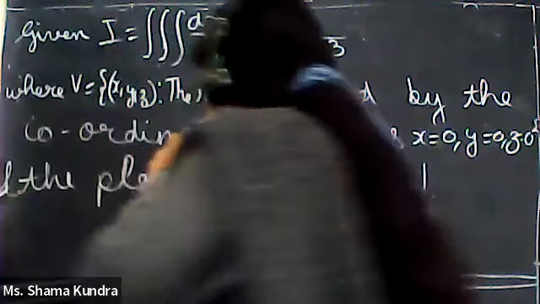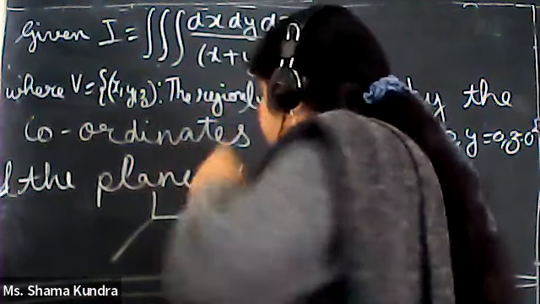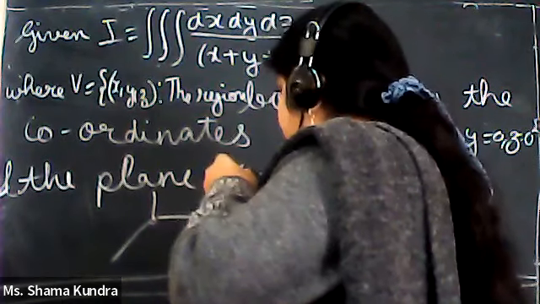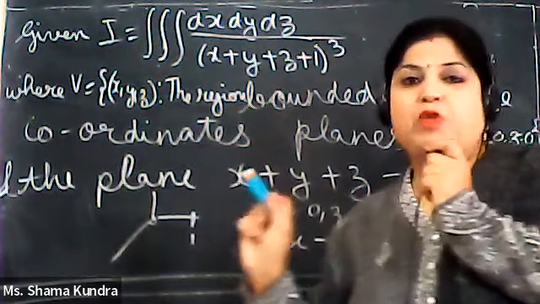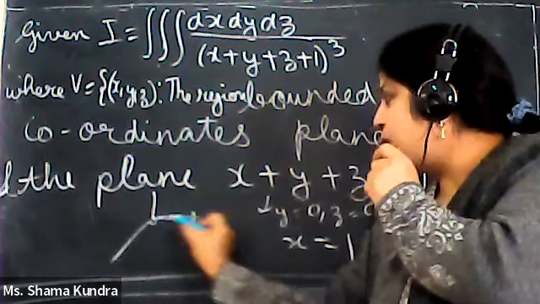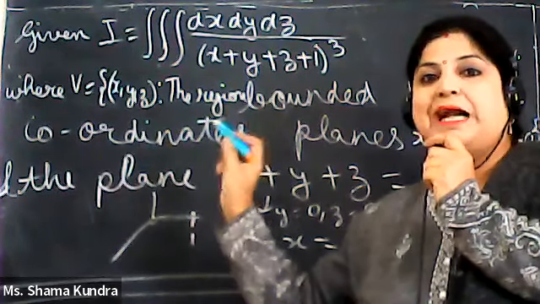If you draw the diagram of the coordinate planes, when you have taken the limit of x from 0 to 1, you have covered only this one section, but we have to cover the whole tetrahedron.